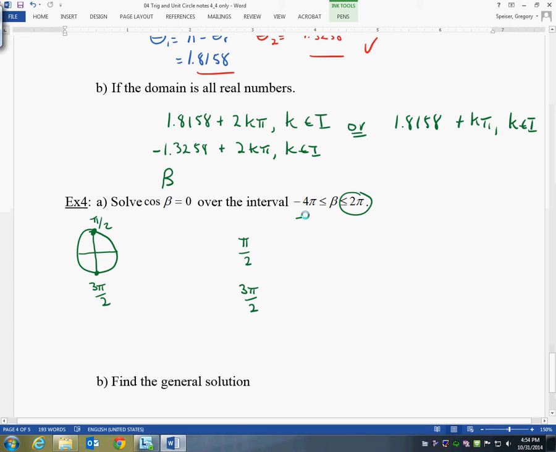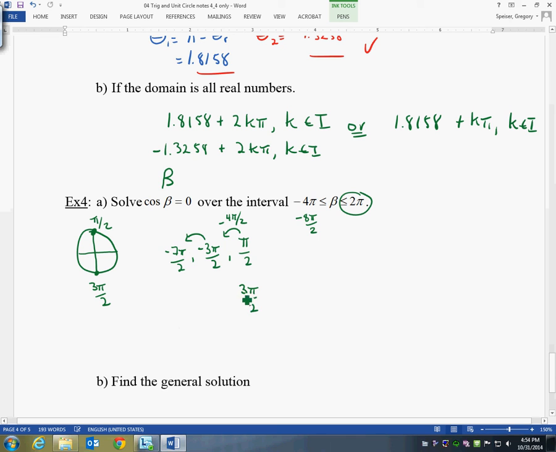Just a reminder, negative 4 is the same thing as negative 8 over 2. So I can keep on subtracting 2 pi's. So I can subtract 4 pi over 2. So this would give me negative 3 pi over 2. And I could subtract another one, and then I would get negative 7 pi over 2.